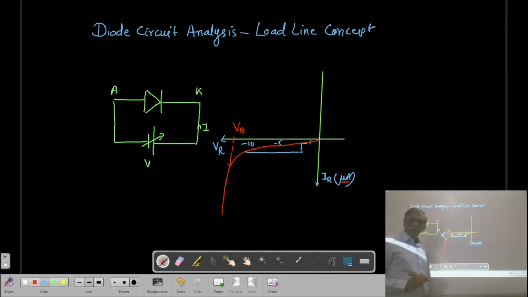We take the slope of this characteristic. You cannot take a slope on a breakdown region because we are not going to operate in this breakdown region.